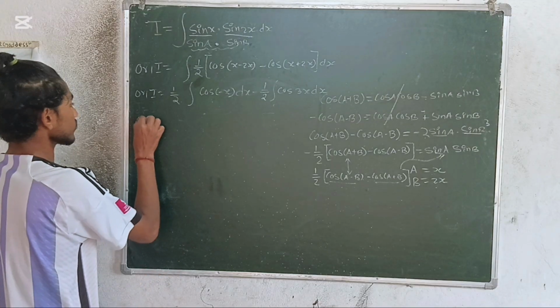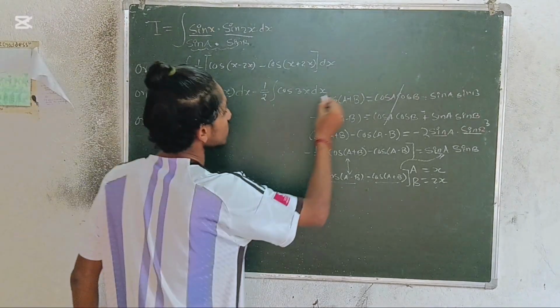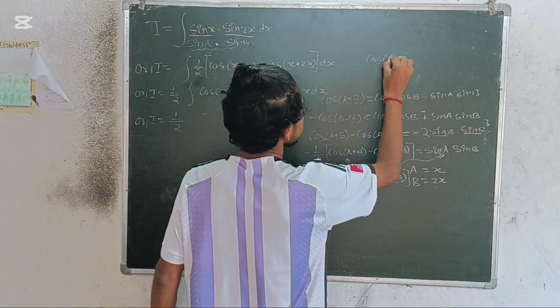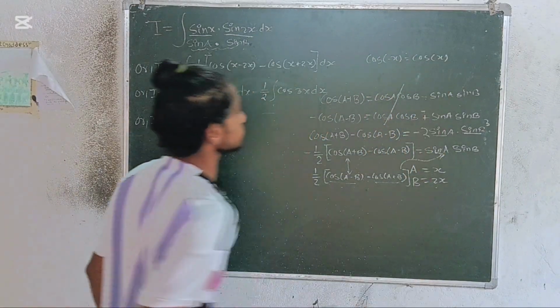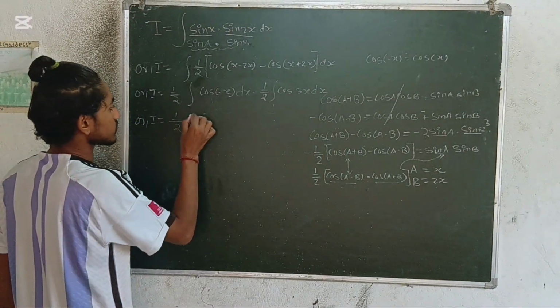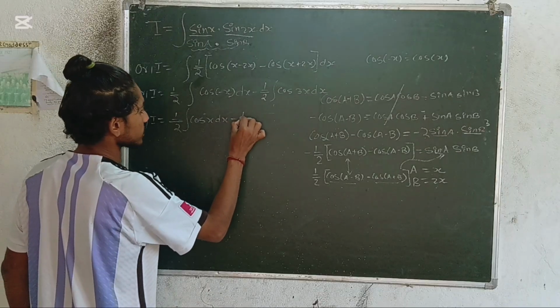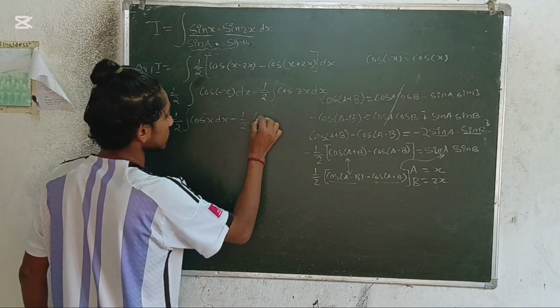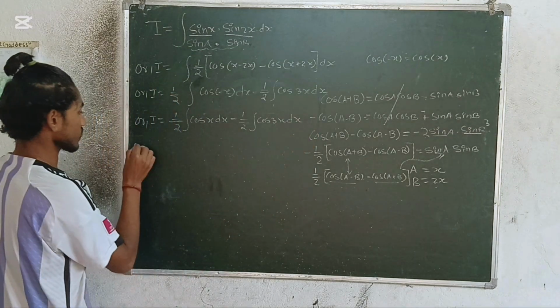Now you have to note an interesting point: cosine of minus x is just cos x. So this would be 1 over 2 integral of cosine x dx minus 1 over 2 integral of cosine of 3x dx.